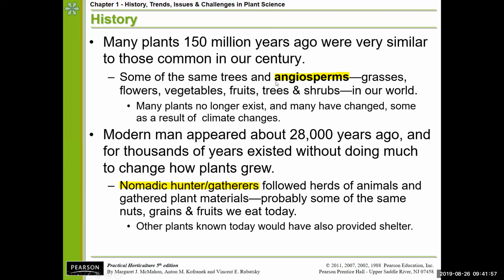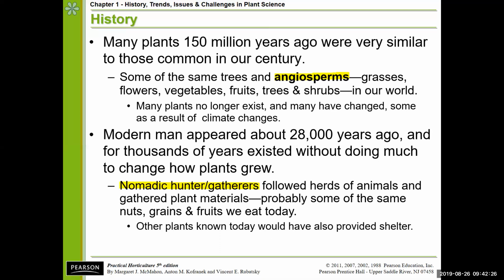That's a group we'll talk about in more detail later, the group of plants that has been the most successful in colonizing land, and it happens to be the largest group of plants, where most of our crop species are, but not all of them. That's the flowering plants, and that includes grasses as well, fruits, trees, and shrubs too.